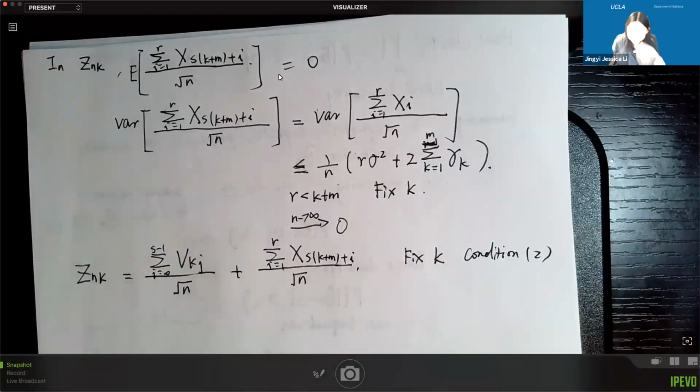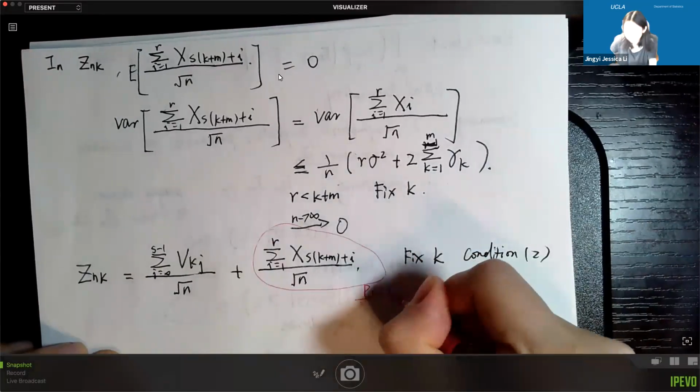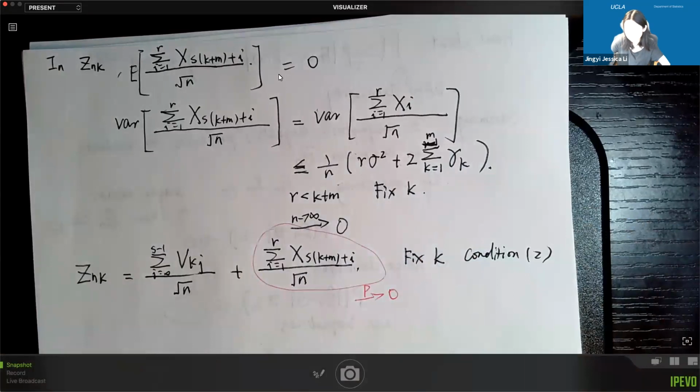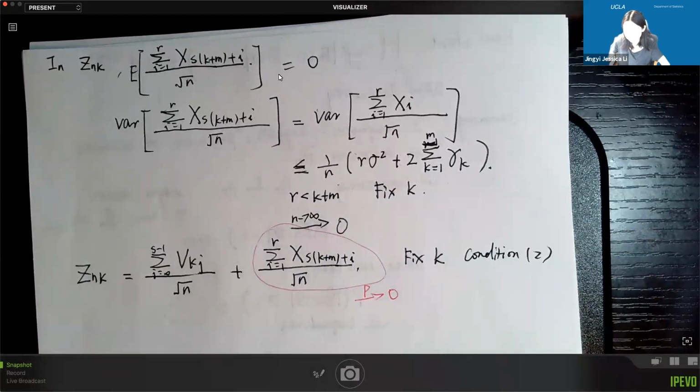So with k fixed, here I already showed that this part is converging to 0 in probability because of this. If I have variance going to 0, I have convergence to 0 in probability. Then only about this part. And this part is exactly where I can apply the central limit theorem.